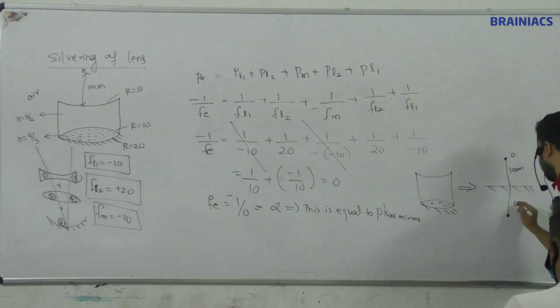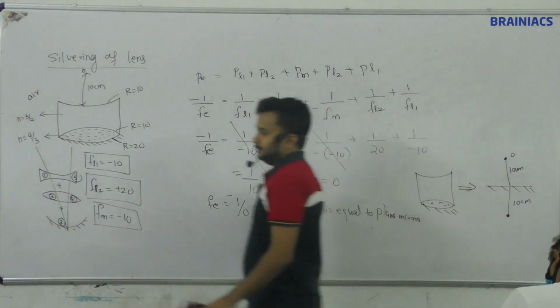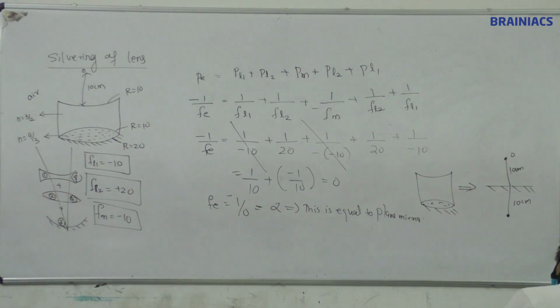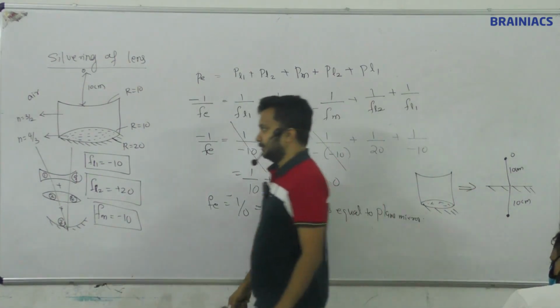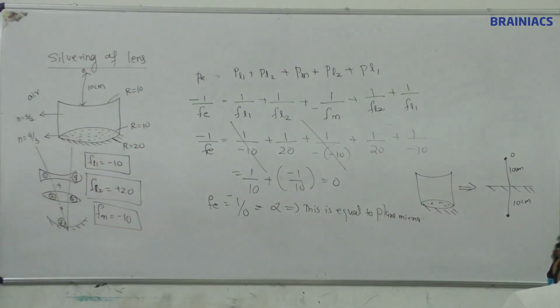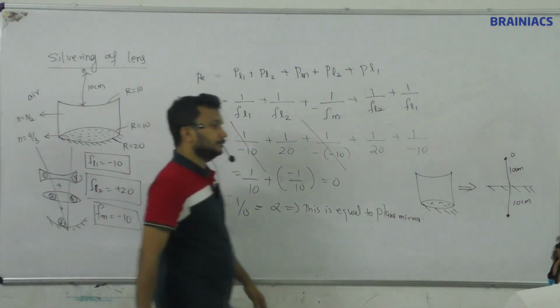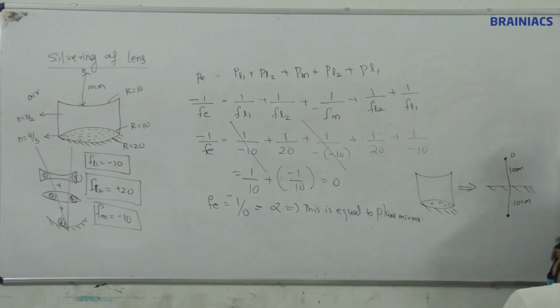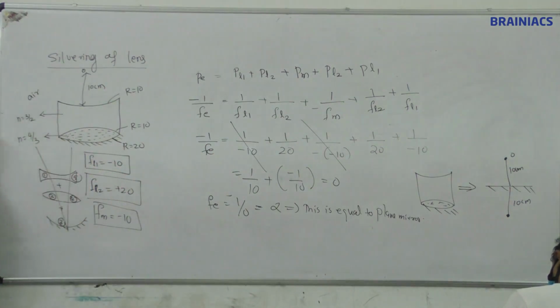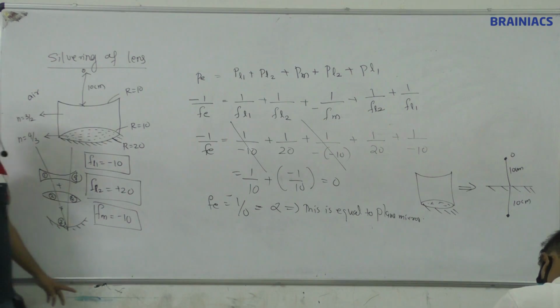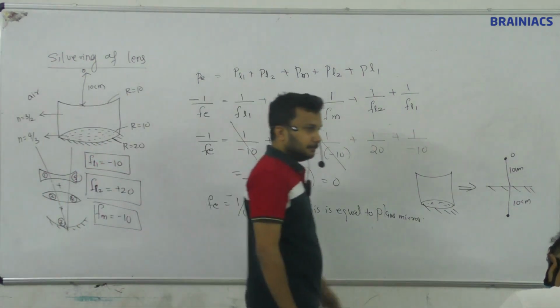So the image is at a distance of 10 centimeter. So this will act as a plane mirror. Where you place the object, you will get an image there. Understood?